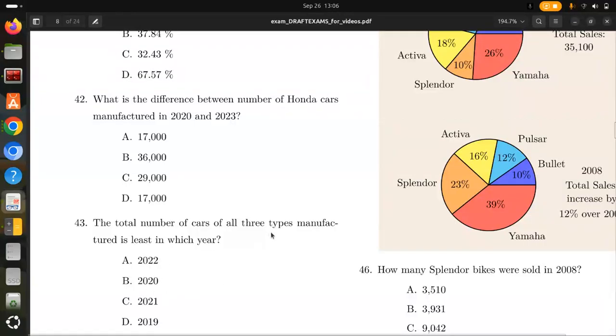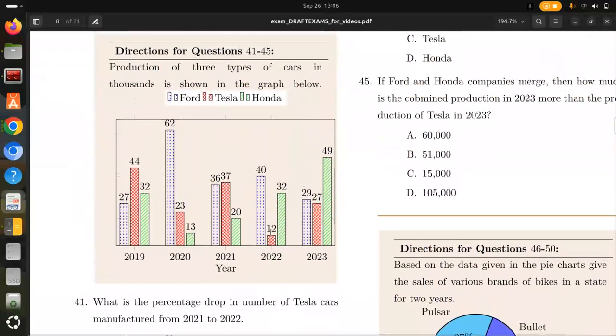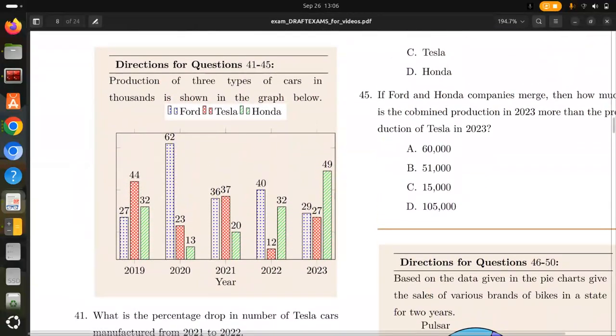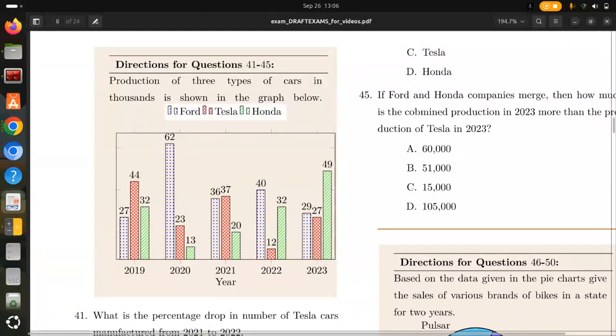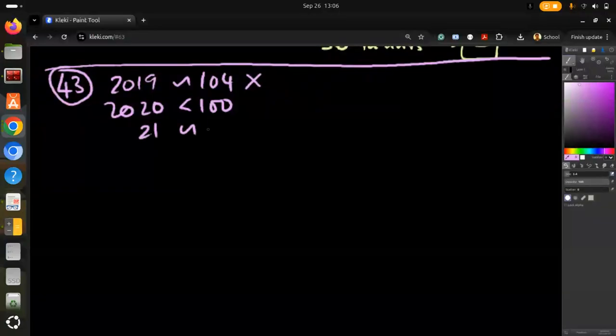Compared to these two, obviously 20 is less, because just now this is more than 100, and this is less than 100. So 19 is no longer the answer. Let's go to 21. Okay, 30, 30, 20. So 30 plus 30 is 60, 70, 80. 80 plus 90 looks like 93. So overall 21 is approximately 93.